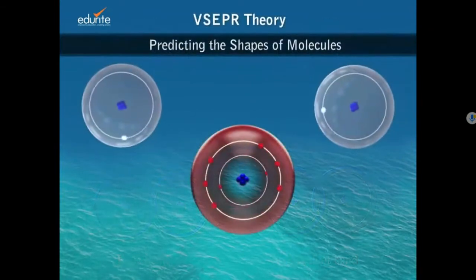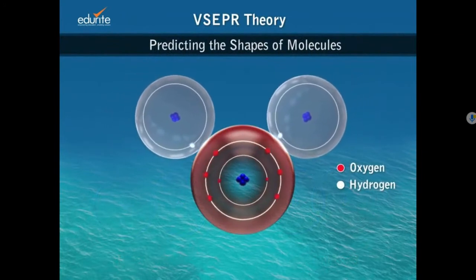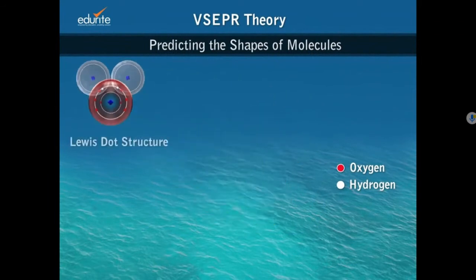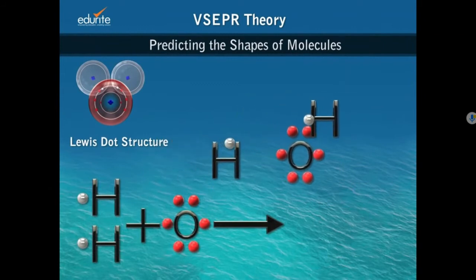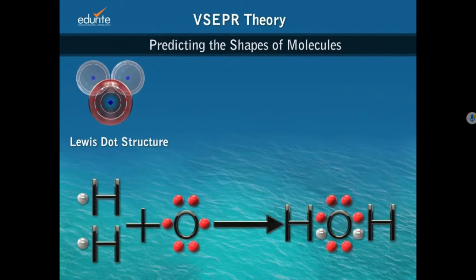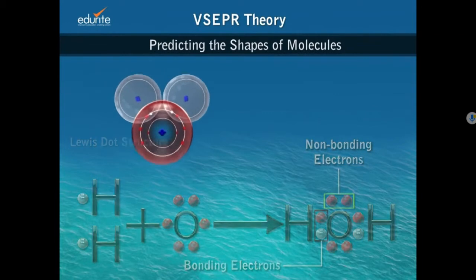The sharing of valence electrons between atoms in a molecule can be represented by Lewis dot structures. A Lewis structure or Lewis dot diagram is a type of shorthand notation which depicts the distribution of valence electrons in molecules. It shows the number of valence electron pairs in each individual atom, including the bonding electron pairs and the non-bonding electron pairs, also known as lone pairs, that may exist in the molecule.